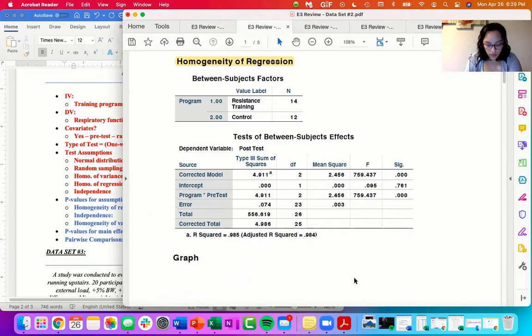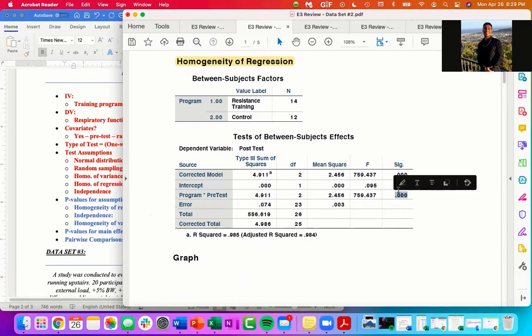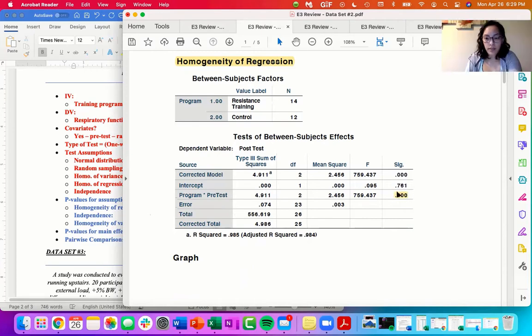So what is the p-value for this assumption test? We use the interaction, so it'd be less than 0.001. All right, so that one there.